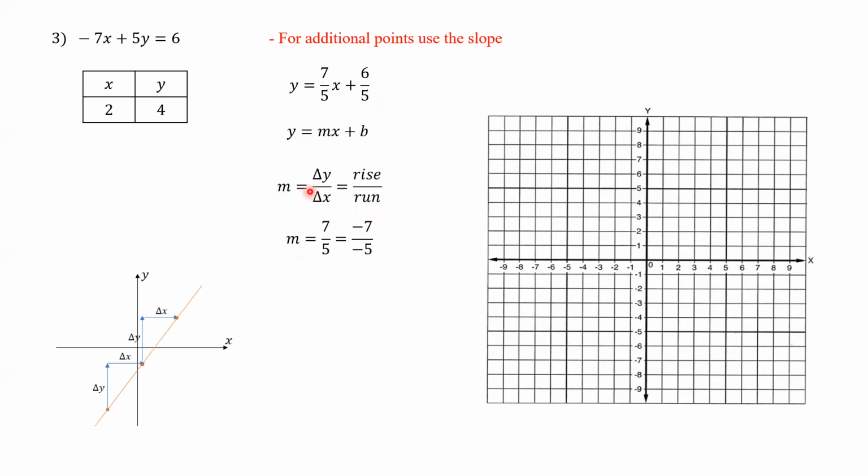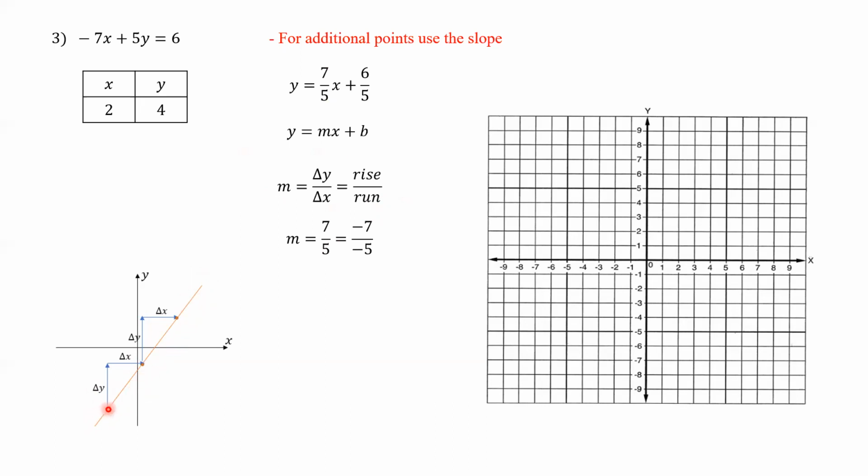Slope is equal to the ratio of delta y over delta x, which is rise over run. So how can I use slope for graphing? If I have a graph of a line and I know the slope of that line, then on that line I have a point, and I can choose any point. I could use the y-intercept, the x-intercept, or any point.